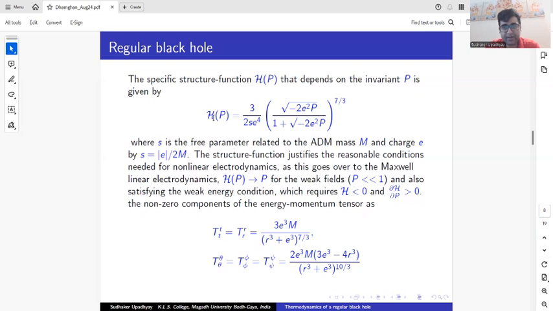And here you can see, if you consider this structure function and calculate the electromagnetic energy momentum tensor, the non-zero components will be like this. These two are the non-zero components, and the rest are zero.